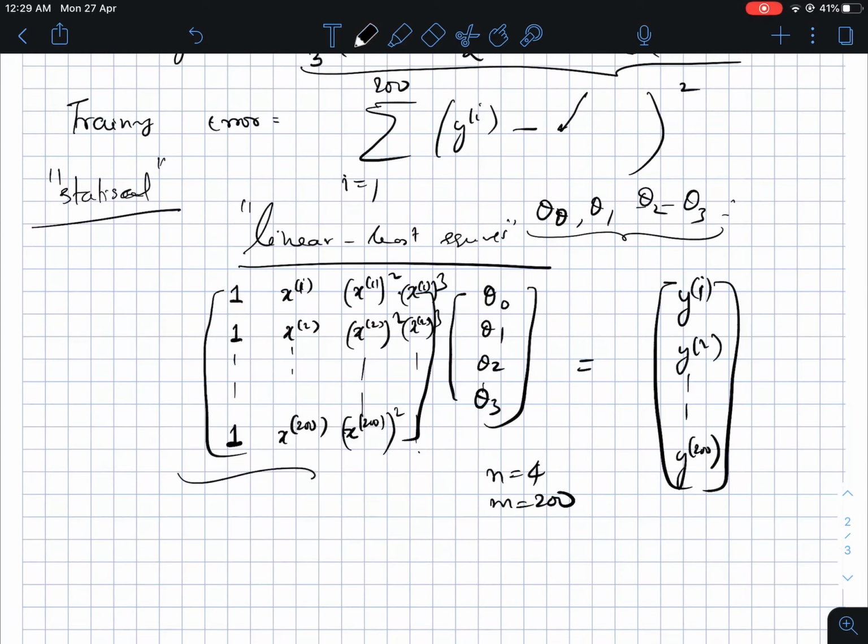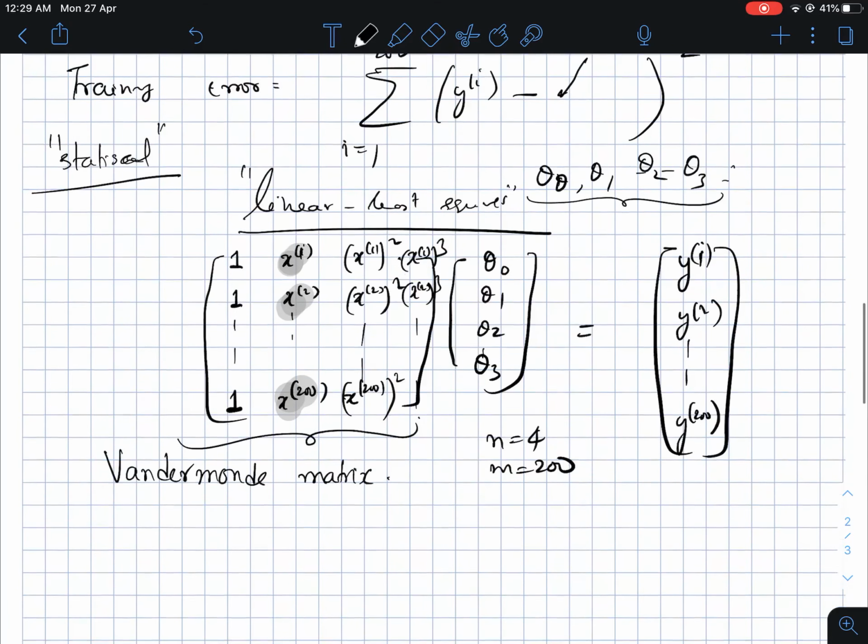This matrix is again a skinny matrix. For those of you who are aware, when you have this structure, it is called a Vandermonde matrix. And this Vandermonde matrix is known to be full rank so long as all these entries, x1, x2, so on up to x200, are distinct, but that's for a square matrix.